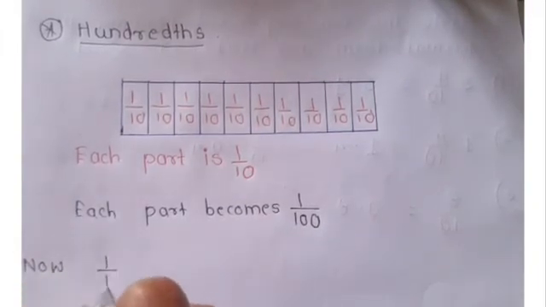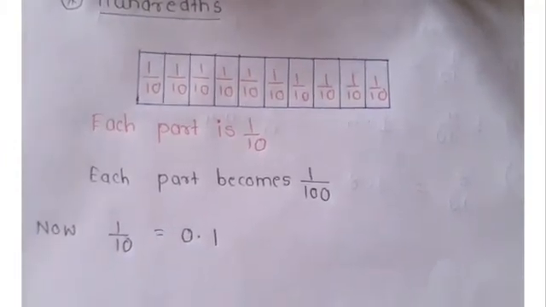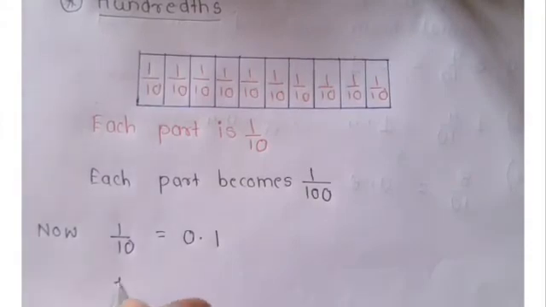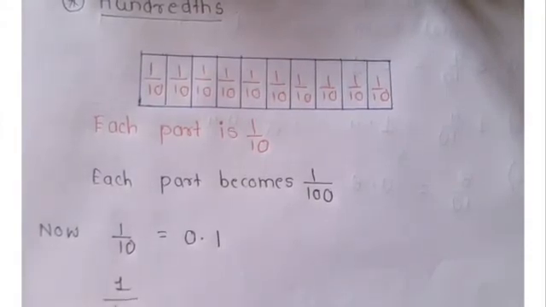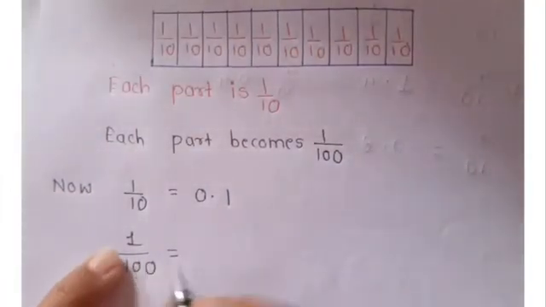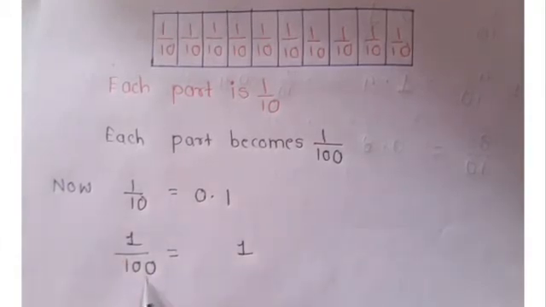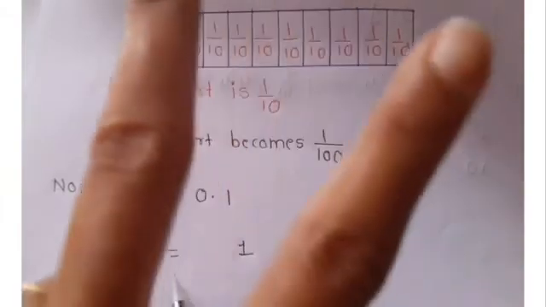Now 1 upon 10, how will we write it? We will write it as 0.1 because in the denominator there is only 1 zero, so after the point only one digit will come. If it is 1 upon 100, first you will write 1 and we need 2 places because in the denominator there are 2 zeros.